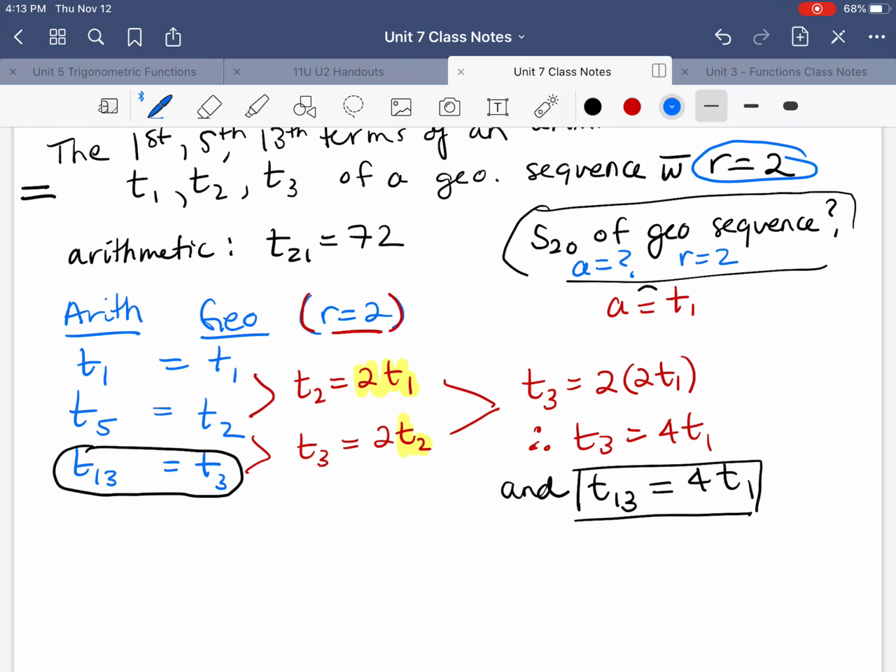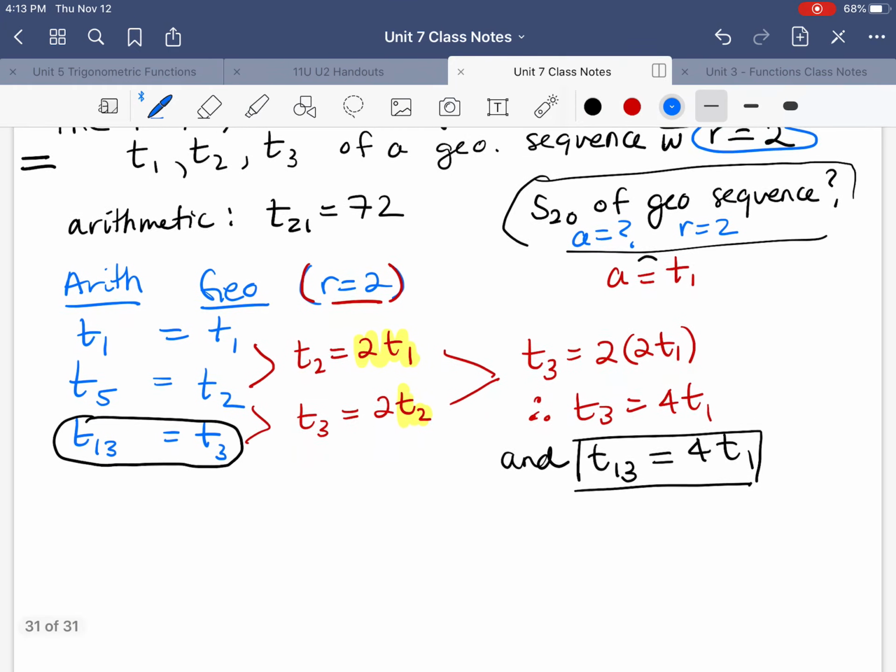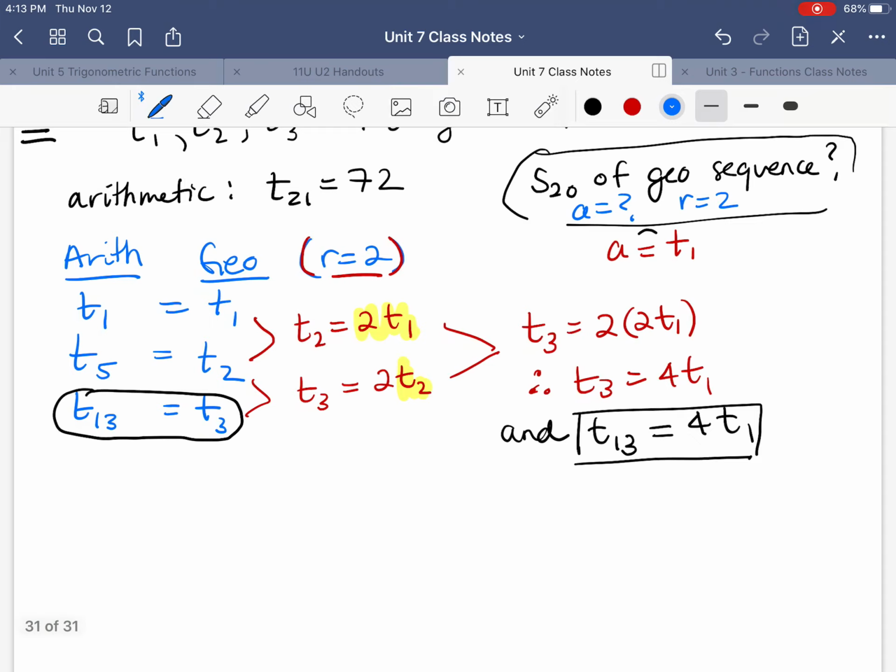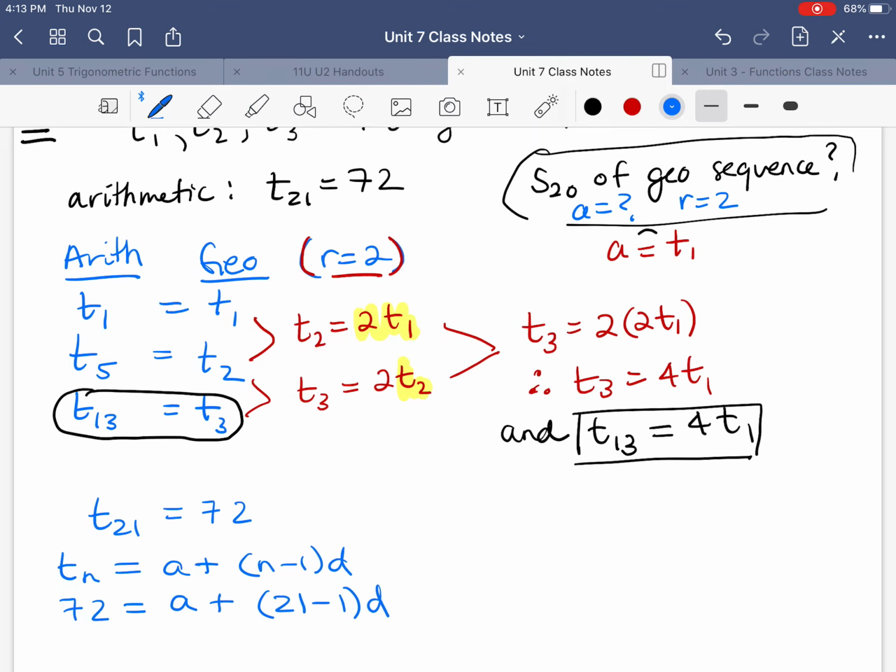Now, let's go back to our arithmetic sequence, where the 21st term is equal to 72. So T21 is equal to 72. We write down the general term for an arithmetic sequence and put in our information: T n is equal to 72, we don't know what A is, n is 21, and we don't know what D is.